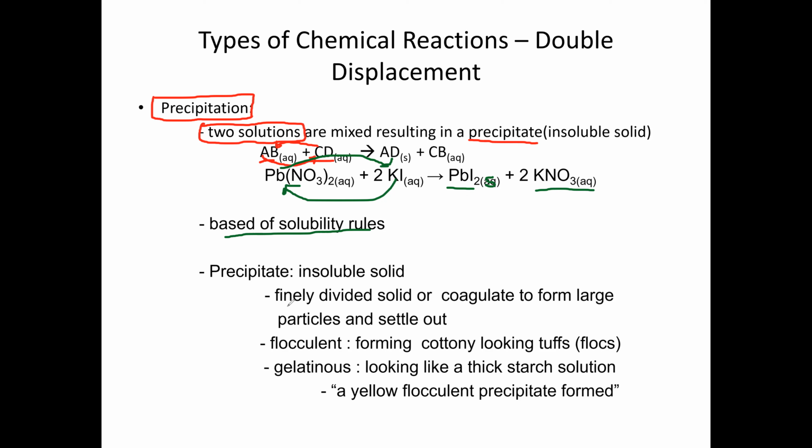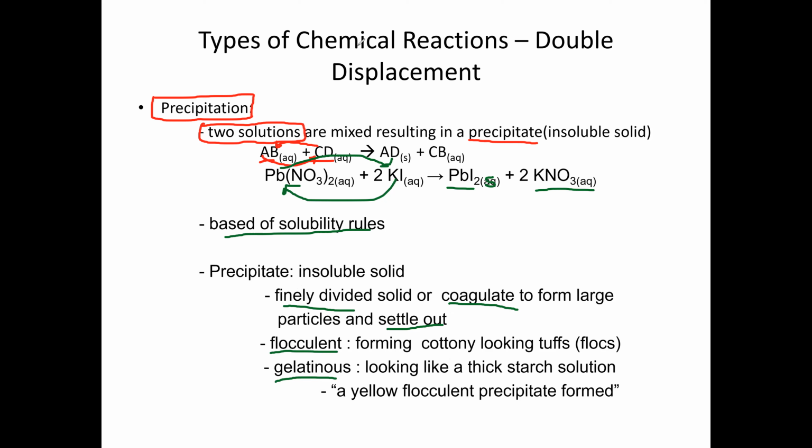So for example, is it finely divided? Does it coagulate? Does it suspend in solution? Does it settle out? These are some of the characteristics or key words you should use in describing your observations. Also, is it flocculent, forming like cotton balls, kind of fluffy looking, or is it gelatinous, etc.